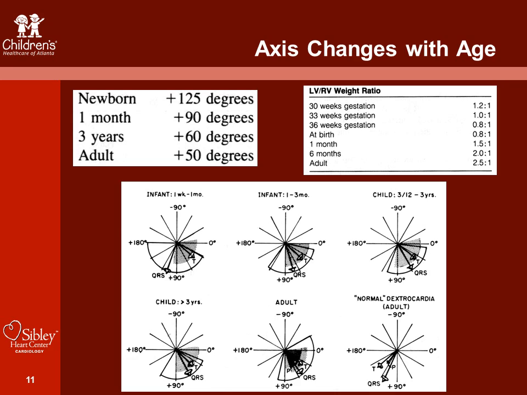So therefore the right ventricular muscle will occupy more of the overall heart mass. So the vector of depolarization will be skewed slightly towards the right ventricle versus the left ventricle. Whereas in an adult with a normal heart, the left ventricle myocardium is thicker and occupies a greater percentage of myocardial mass than the right ventricle. So therefore, the depolarization vector is more skewed towards the left.